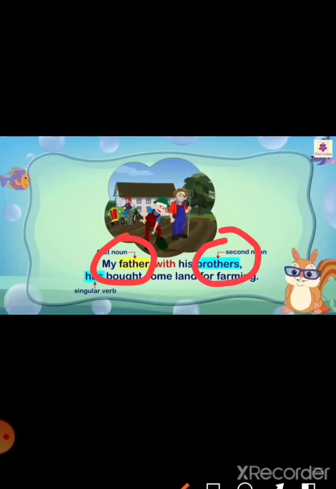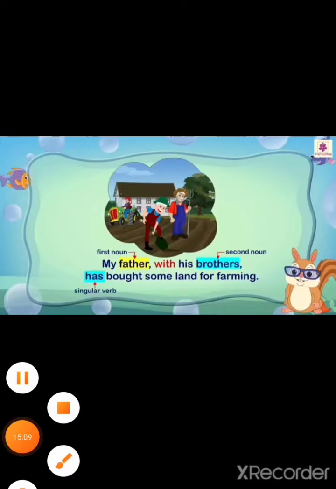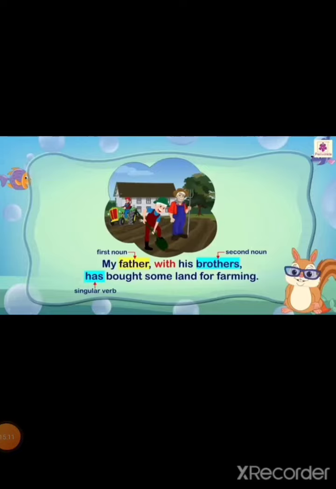This is the first noun and this is the second noun. These two nouns are joined by with, or if joined by as well as, then you have to look at the first noun and follow its subject.